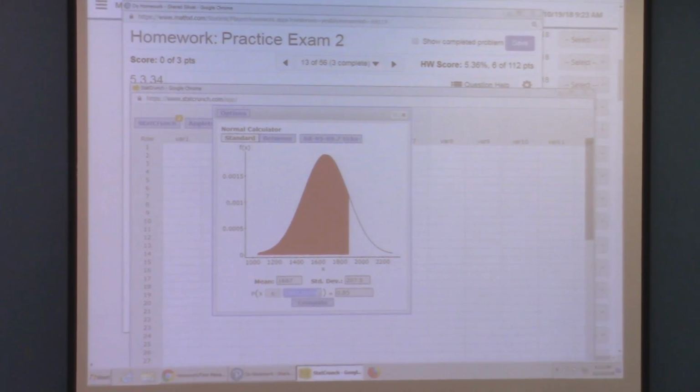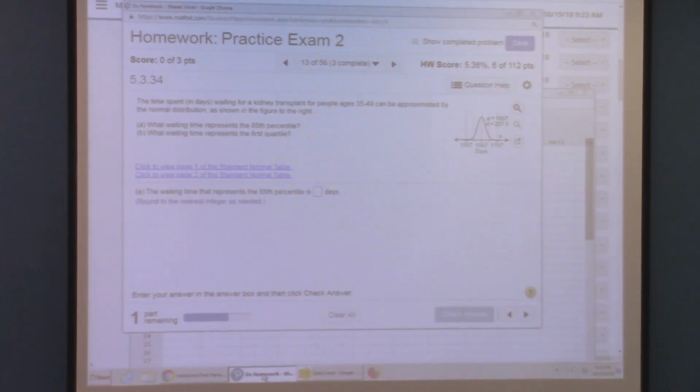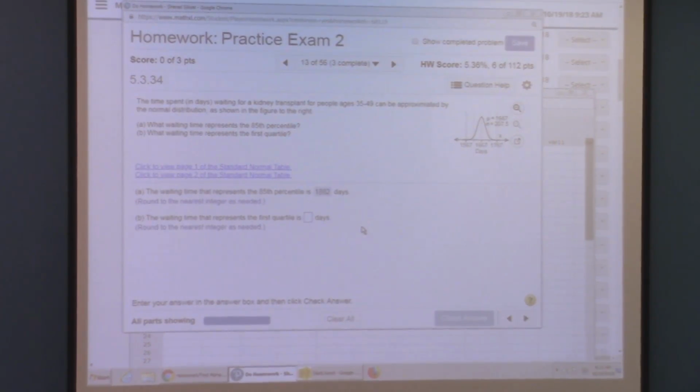Right. So that is 1882, rounding to an integer. See that?